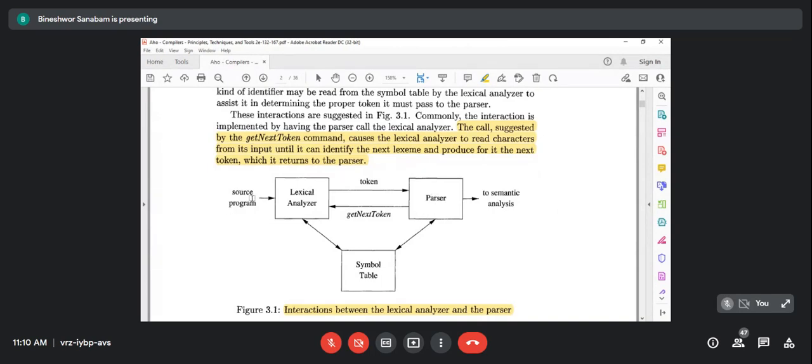Whatever source program you give, you'll get the output as tokens, and it will be given to the next phase, that is the parser or syntax analyzer. And we use a call, get next token, to ask for a new token once one token is finished. Okay. So this is the interaction between your lexical analyzer and the next phase, that is the syntax analyzer or parser.